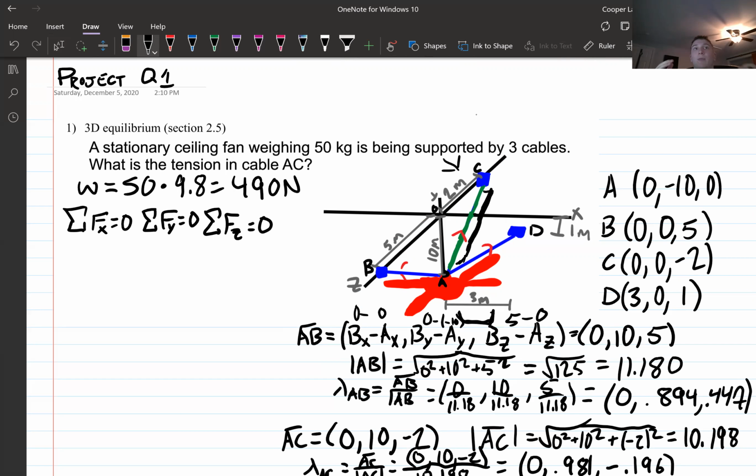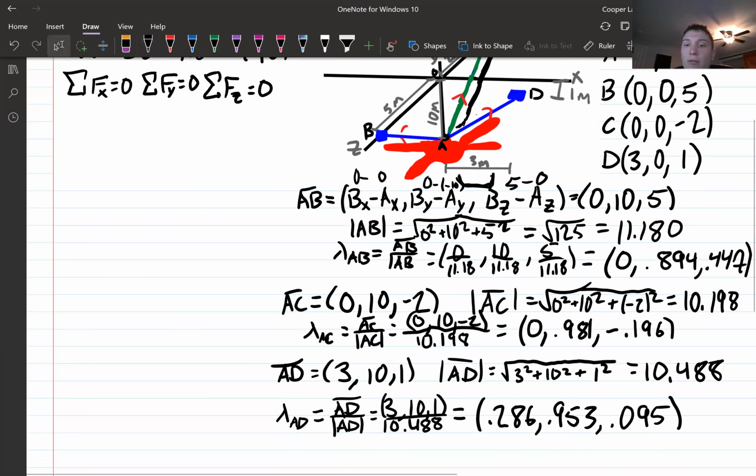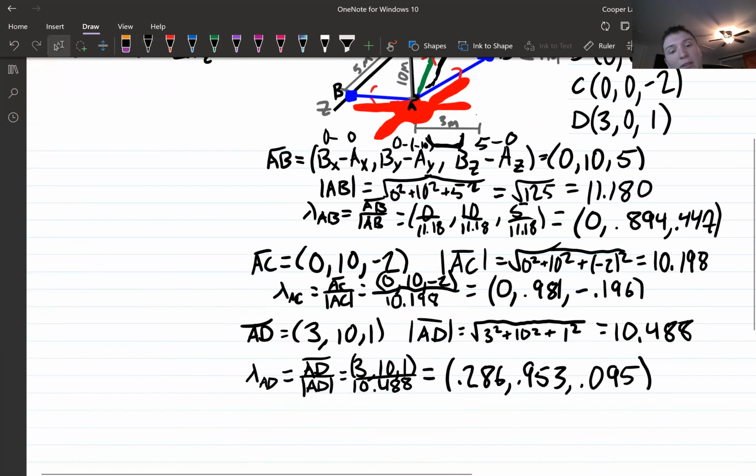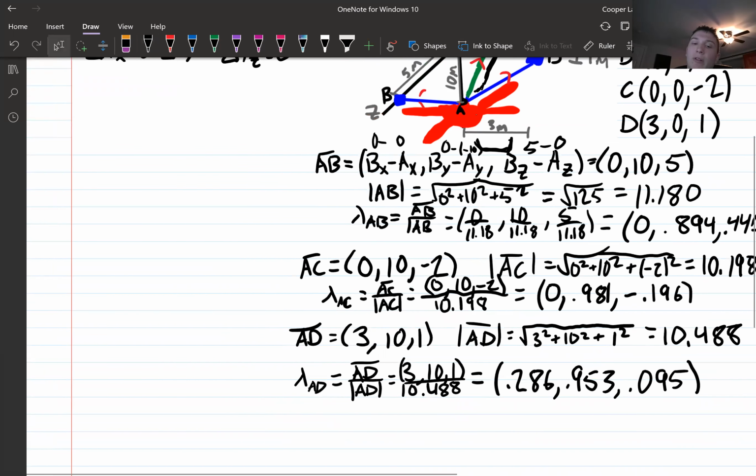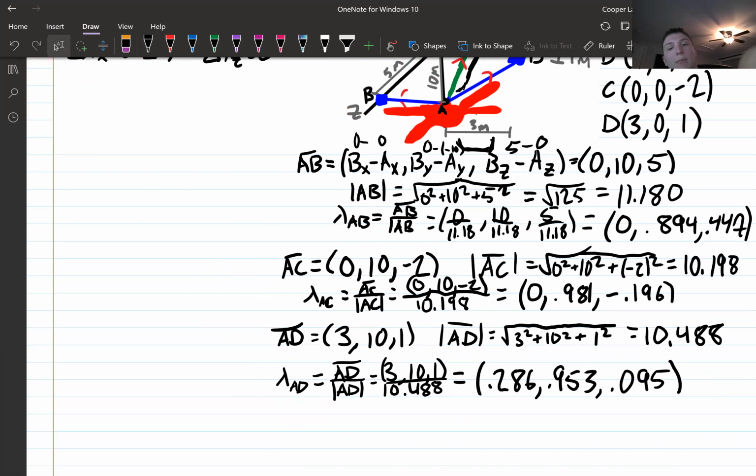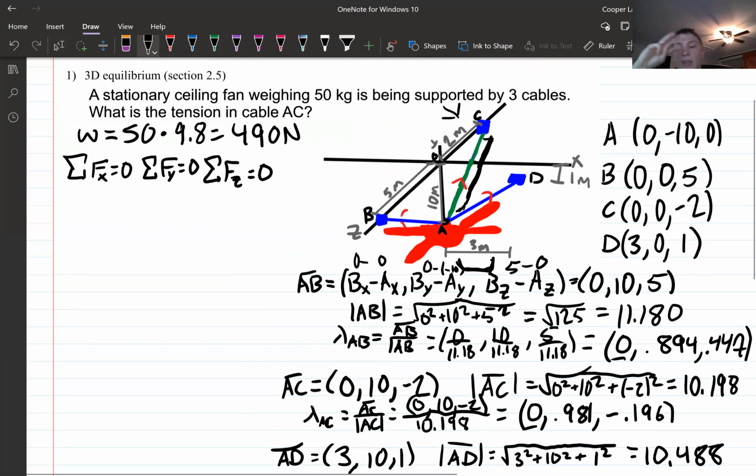Using this, I'm going to start off with f of x, because it doesn't really matter which way you start off. However, when I look at my lambda values, I have 0.286, 0, and 0. So I have 2 zeros already, which makes me want to start with it, because that means I can get rid of the AB and AC tension values, and I don't have to worry about them. It's two less unknowns for the problem.